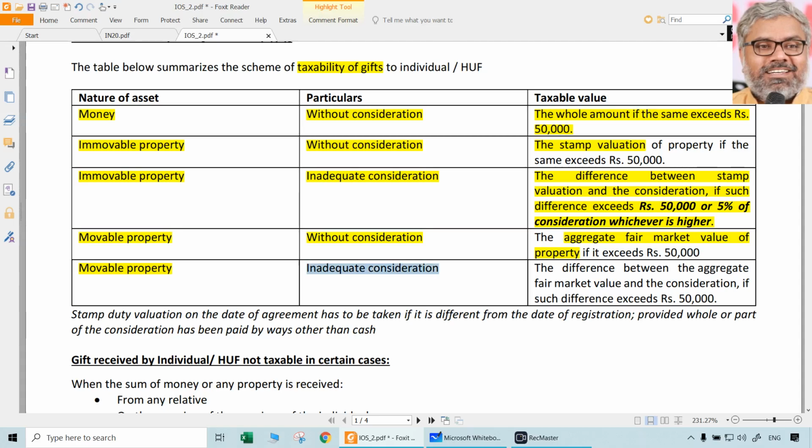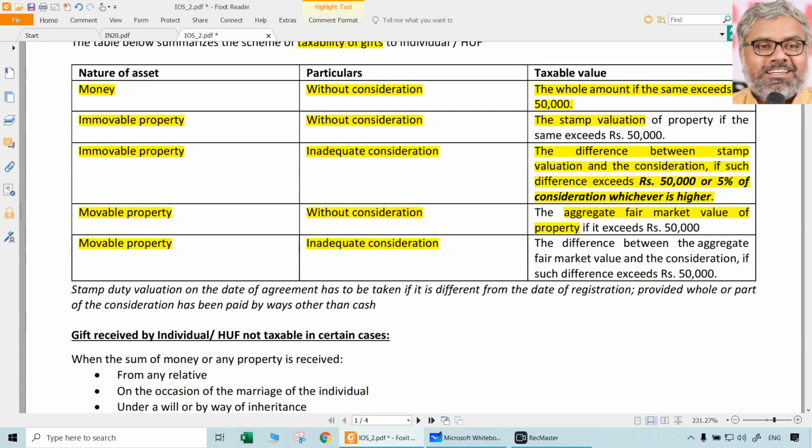What if the movable property is received for inadequate consideration? Then we have to look at inadequacy. What is inadequacy? Inadequacy is nothing but the difference between aggregate fair market value and actual consideration. If that inadequacy exceeds 50,000, that is enough, and the entire inadequacy becomes taxable. Here there is no 5% and all.